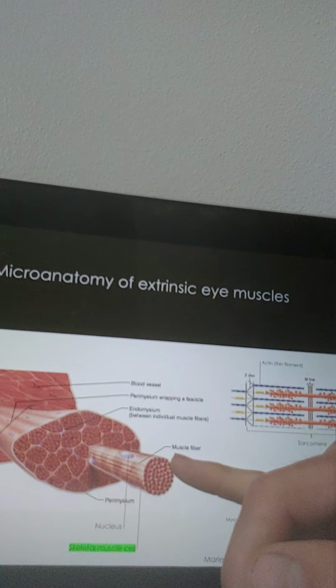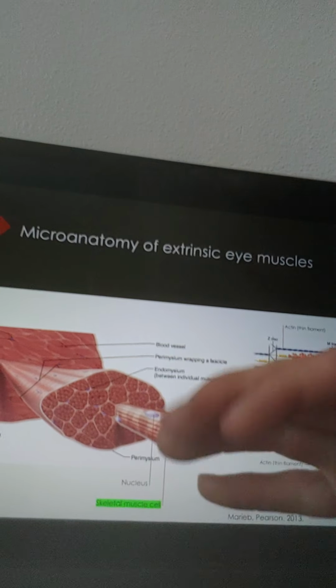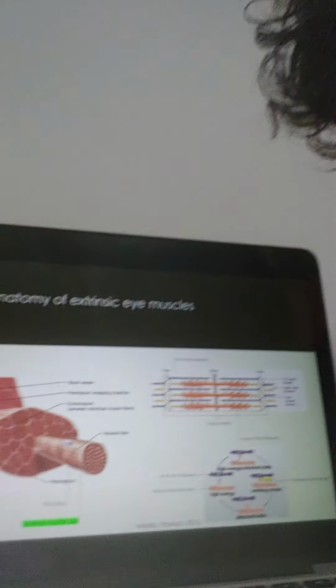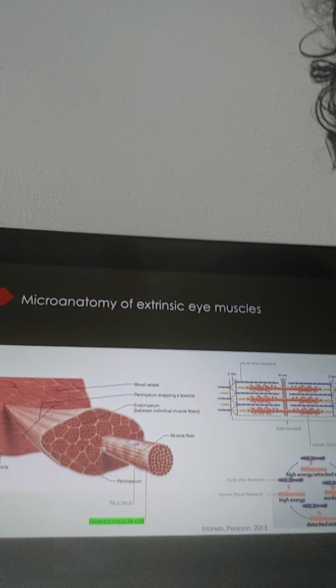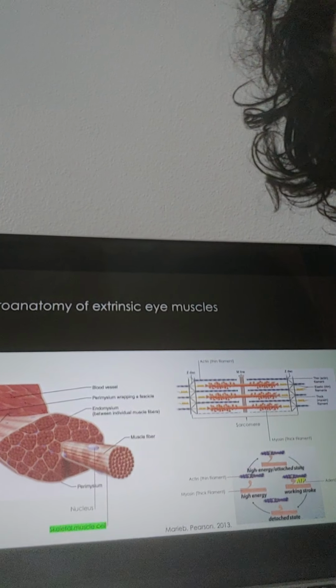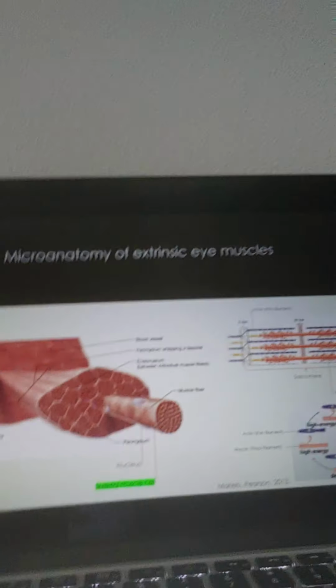And that happening, as you can see, tons and tons of times in a whole muscle will contract the muscle, and you'll be able to move. And so these skeletal muscles of the extrinsic eye are voluntary. We control the movement of these muscles.